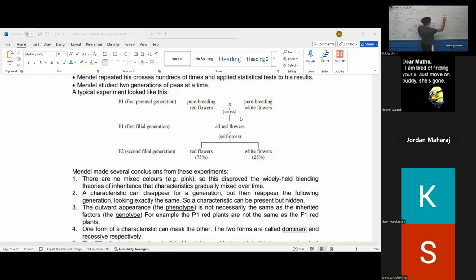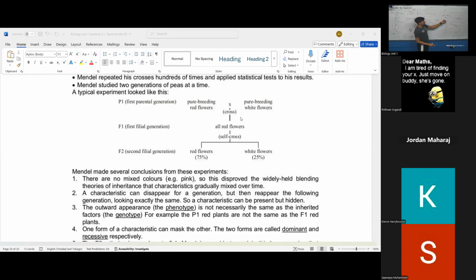Now what we can do is assign a value, let's say R and r. One dominant, one recessive. We don't know which one is which. When you cross them, all the members of the first generation, the F1, have red flowers. What does that indicate?